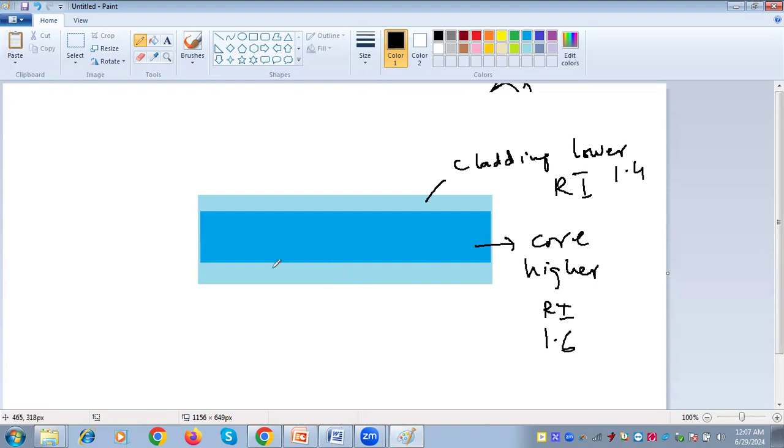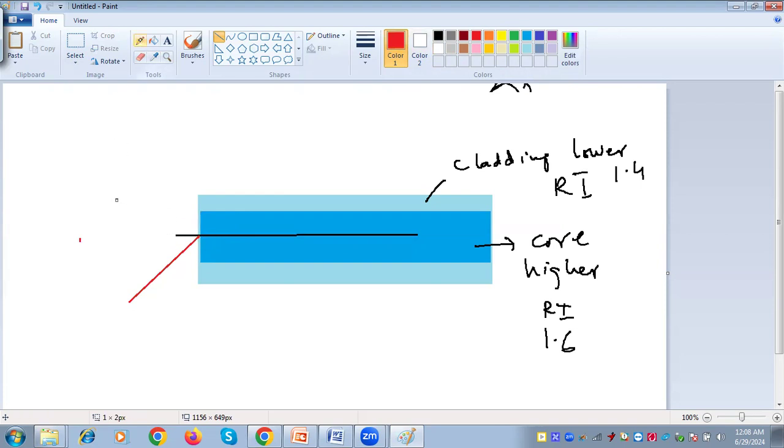So a ray enters from air to glass, say core. This is the normal to the surface. The ray is made to enter this way, say this is a laser, red laser.